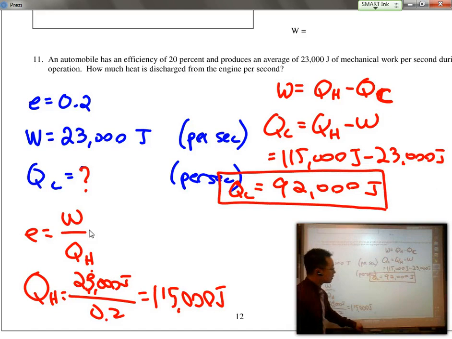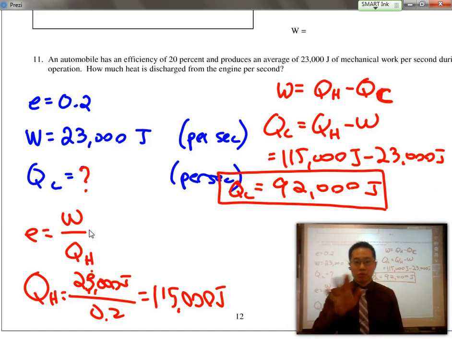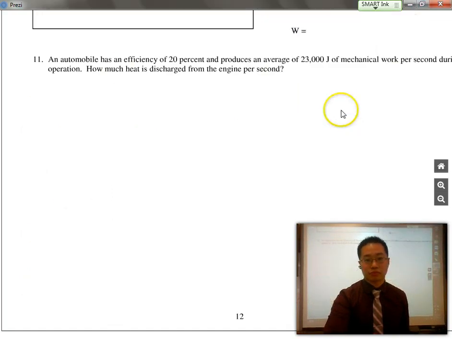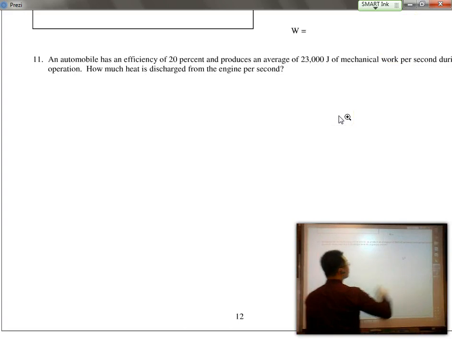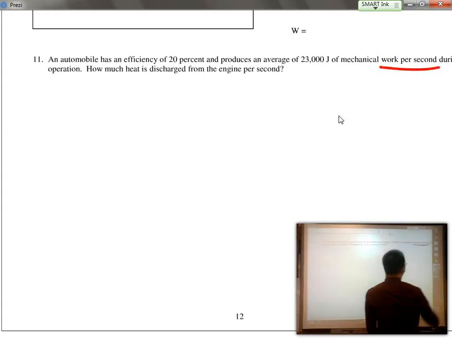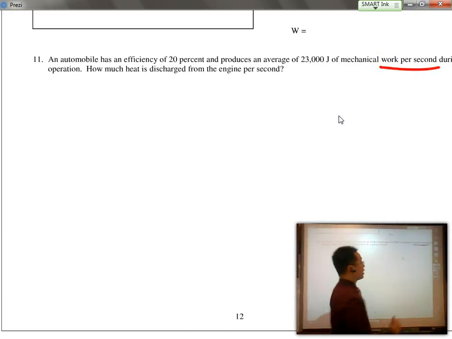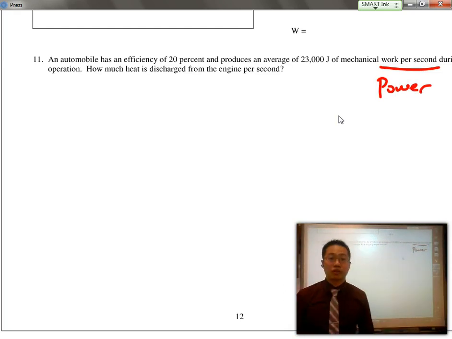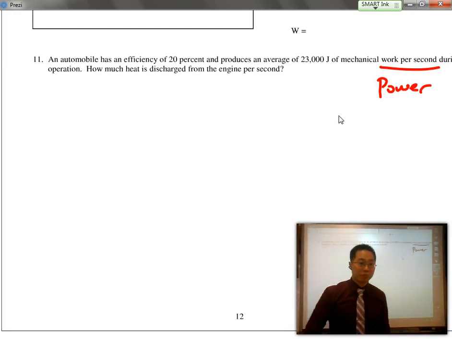Okay. Now, at this moment, I'm going to take this time just to rewrite the formula again a little bit because I want to incorporate the per second. Because whenever I talk about work per second, that's just a fancy way of saying power. Because power is equal to work over time.